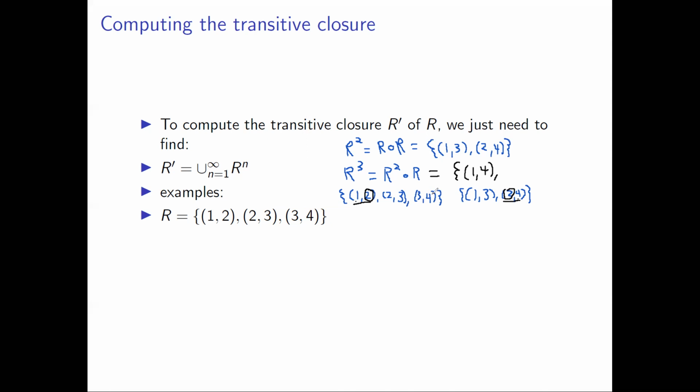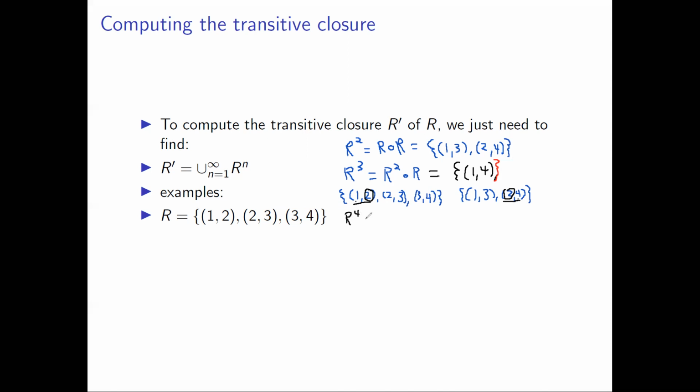The 3, 4, its second term is a 4, and nothing in the r squared begins with 4. So all we get here is the 1, 4. So r squared consisted of 1, 3, and 2, 4. R cubed consisted of 1, 4. And let's see what the next one is, r to the 4th.